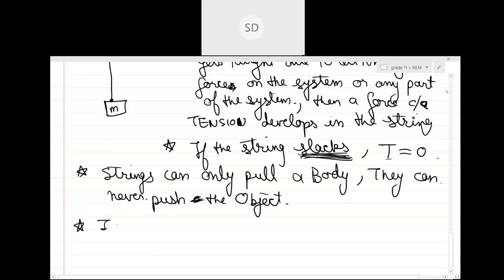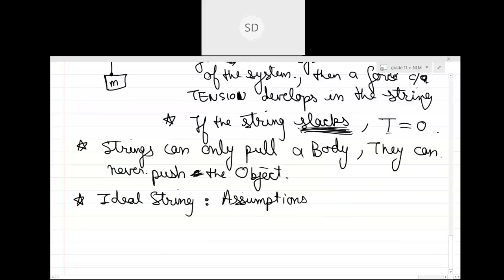Now let's talk about what an ideal string is. An ideal string has the following assumptions. First, the string is massless, or you can say its mass is negligible.